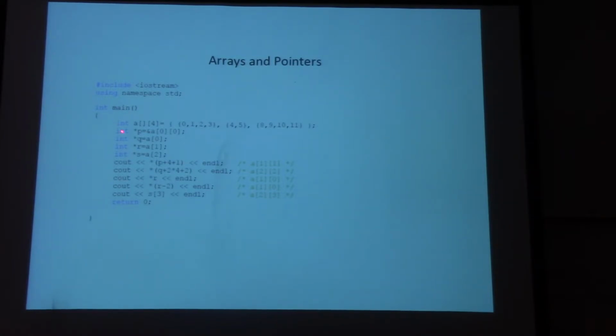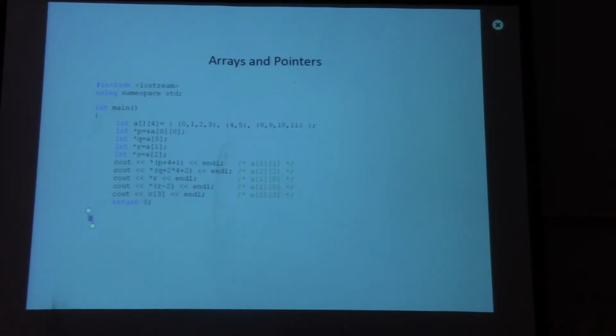So this is A sub 0. This is A sub 1. This is A sub 2. How many elements does A have? 3. A sub 0, A sub 1, A sub 2. It has 3 elements.